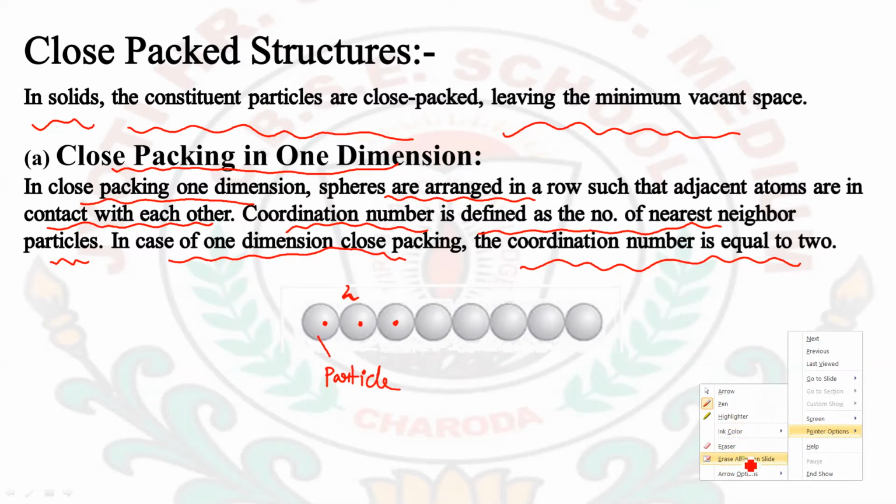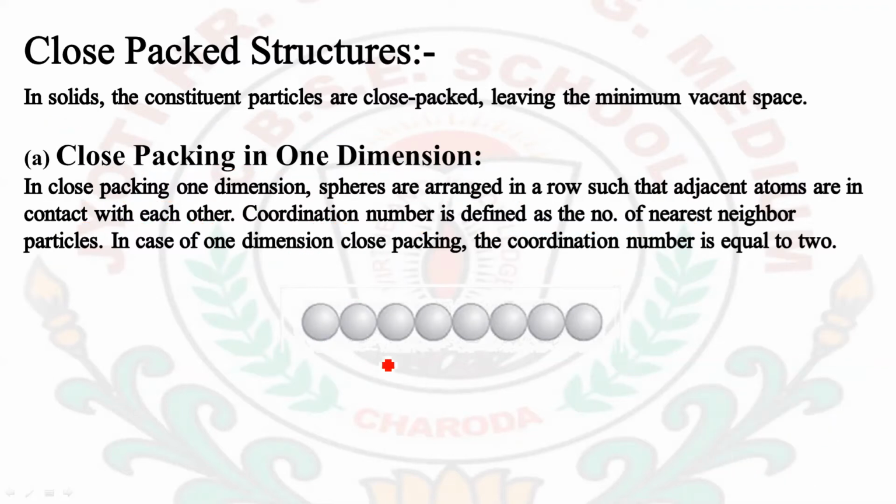I have given you the definition of the coordination number also: the number of nearest neighbor particles. It means the number of particles it is touching or sharing its space with is known as the coordination number.